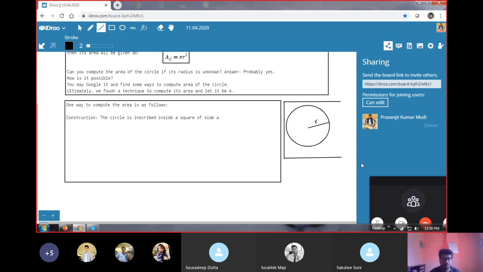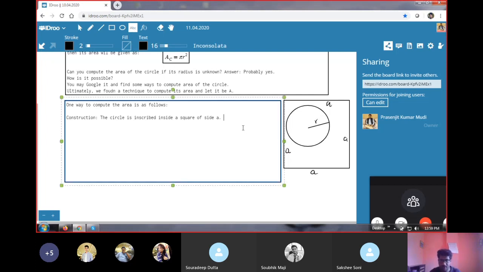So this is the square of side A, A unit, A unit, A unit, this is also. Now, as we are constructing the square of side A, that means A is known to us.